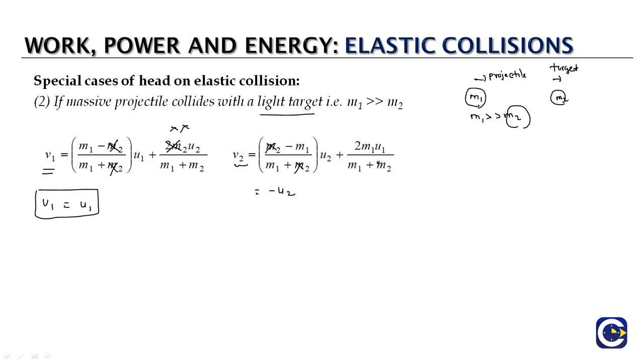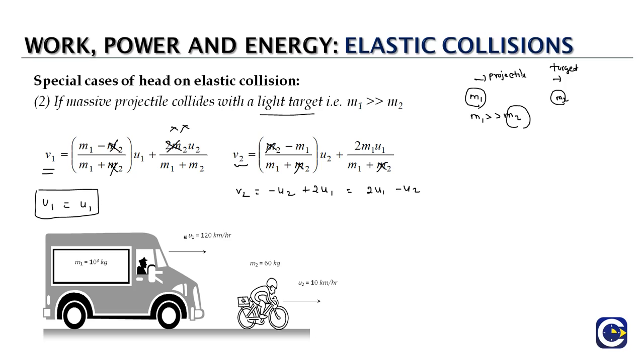That will be the first term. For the second term, since we can neglect M2 in comparison to M1, we have 2M1 by M1 into U1, which is 2 times U1. So the V2 value we can write as 2U1 minus U2. So these are the velocities of the particles after the collision.